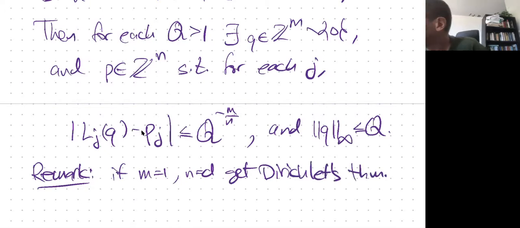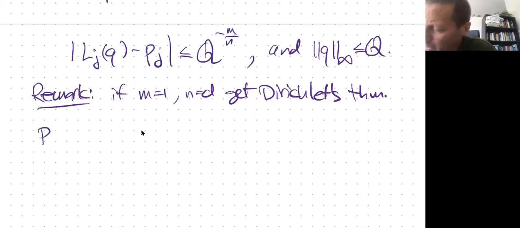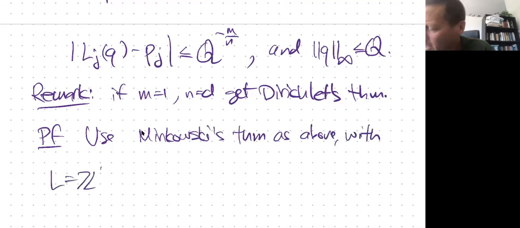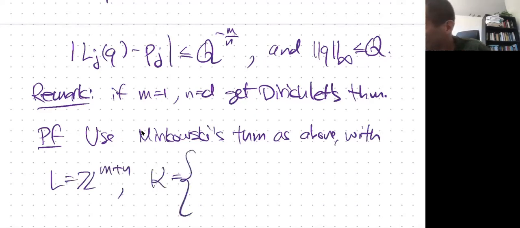And the proof is very similar. I'll just give you the idea. Proof: use Minkowski's theorem as above, with L being the integer lattice in m plus n dimensions, and K being the following convex body.